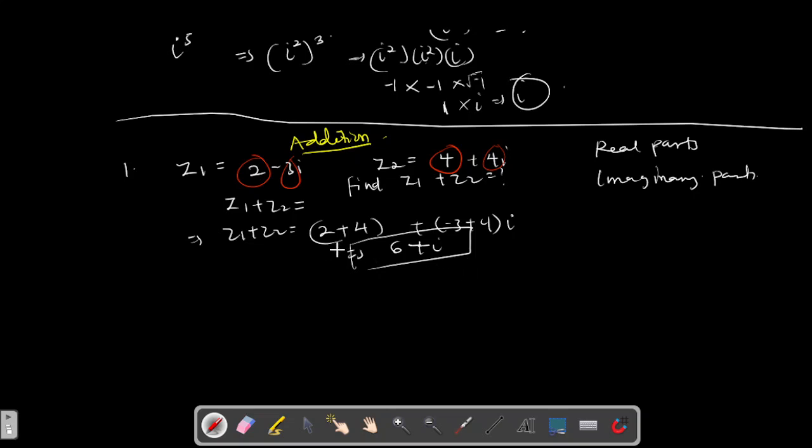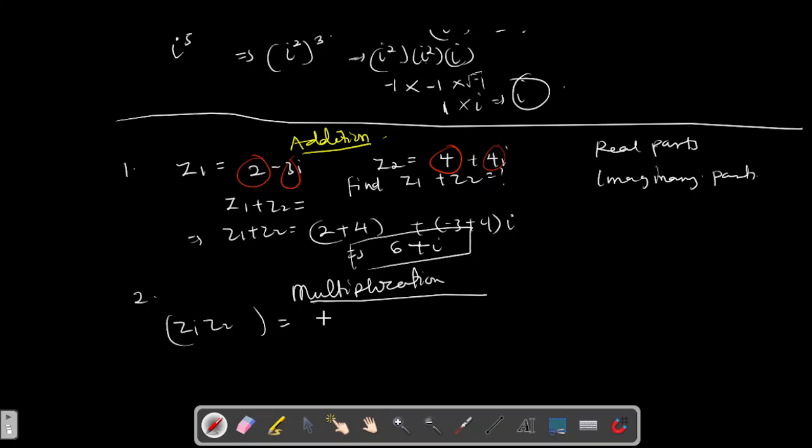Similarly for subtraction, since subtraction and addition are just the same, we can try multiplication. So I have multiplication of complex numbers. Using the problem we had here, z1 times z2, how do we solve it? Given z1 equals 2 minus 3i and z2 as 4 plus 4i, what is their product going to give us?